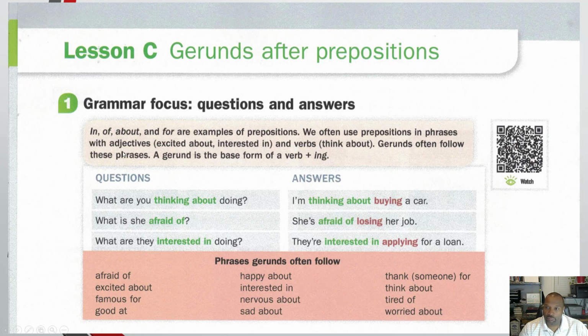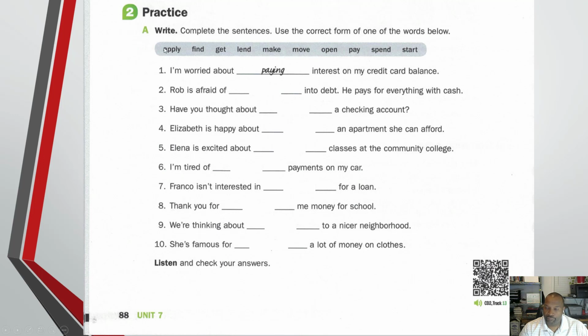They're very short. Excited about, interested in. And verbs, think about. These are phrases. Gerunds often follow these phrases. A gerund is the base form of the verb plus ing. So that is gerunds after prepositions, questions, and answers. Let's practice.